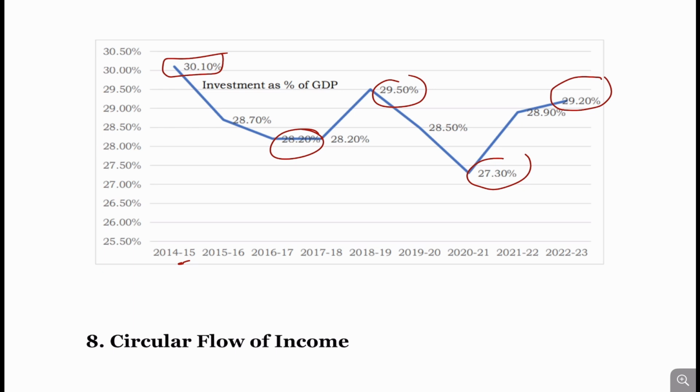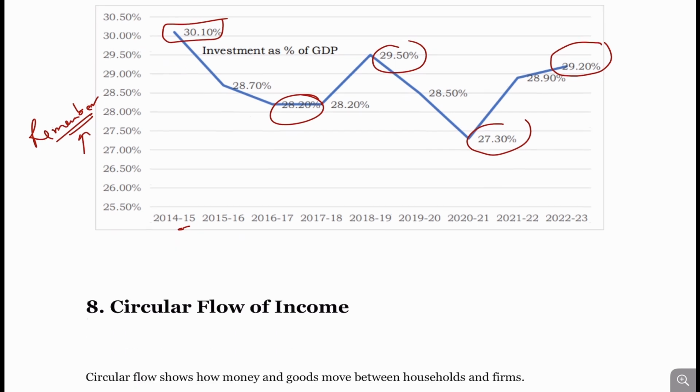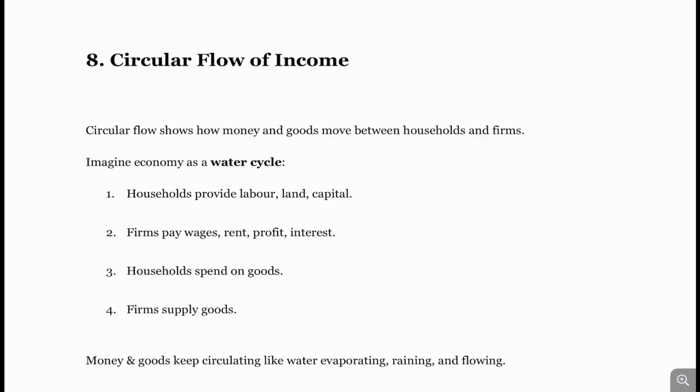Right? You should remember it, okay? Because it becomes important to give this data in the mains. It may not be useful in prelims, but in mains it becomes very important.